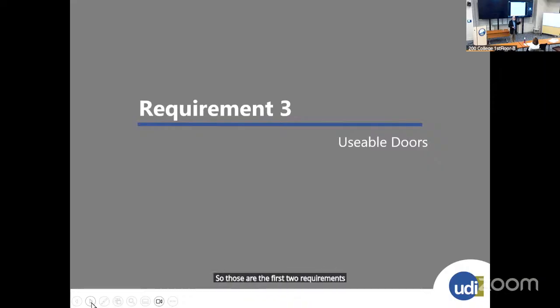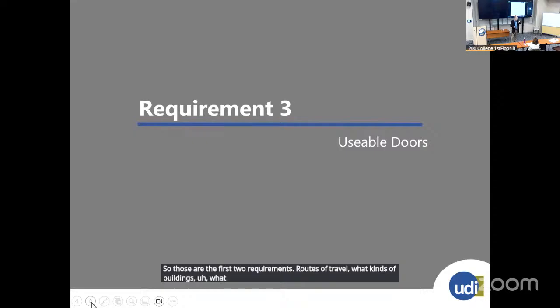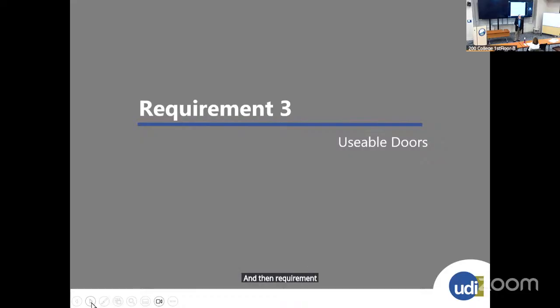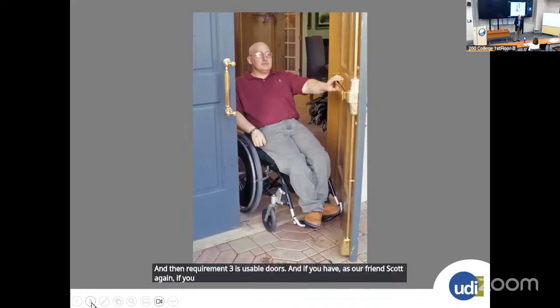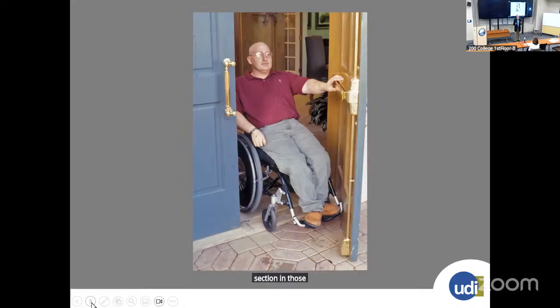Routes of travel, what kinds of buildings, what are the elements on site, the amenities that need to be made accessible on these routes. And then requirement 3 is usable doors. If you have dealt with the ADA requirements and the IBC and the building code, you know that there's a whole big, fat, detailed section in those documents dealing with the dimensional requirements around doors.